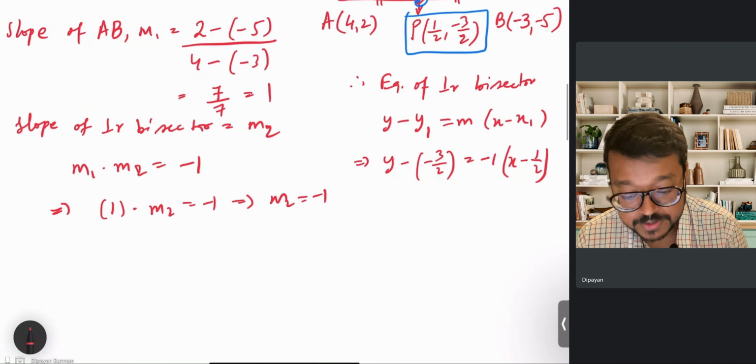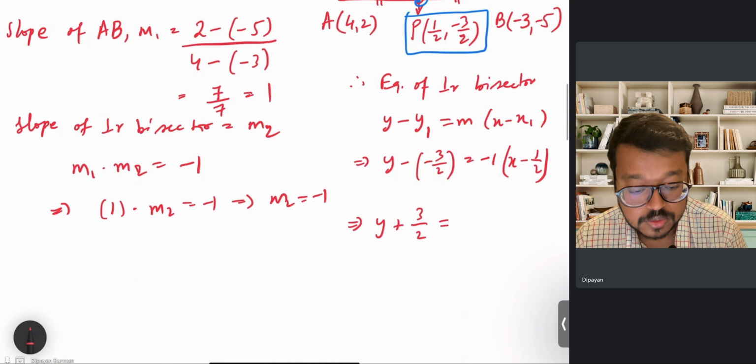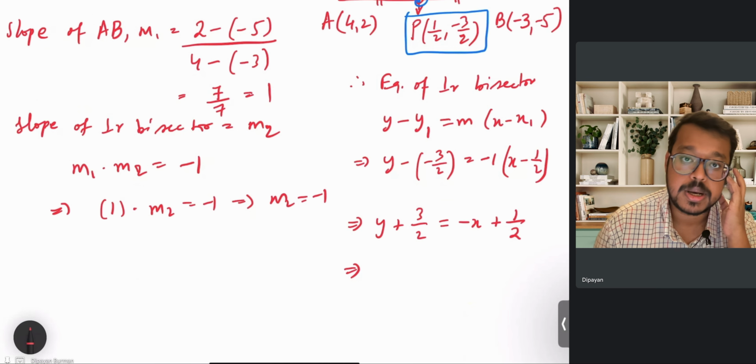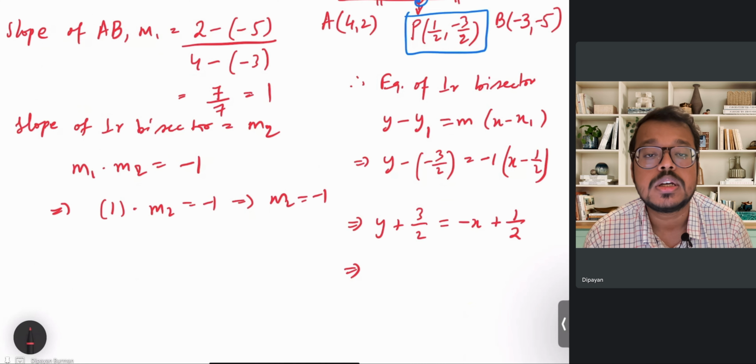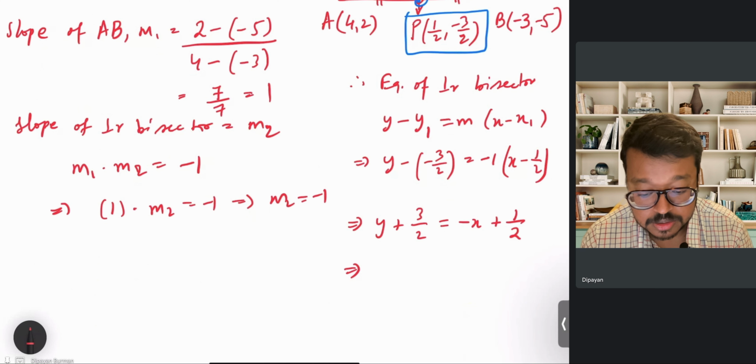So if I simplify this further, y plus 3 by 2 is equal to minus x plus 1 by 2. Now it's a good practice to rearrange it and write it in the standard form of a linear equation with two variables. So move the terms on the left side.